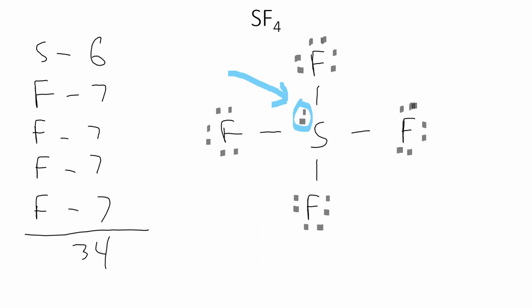And fluorine definitely can't have an expanded octet because it's not in the 3rd period and it's not the central atom. Or maybe you say, well, maybe that lone pair could belong on one of the fluorines. Well, if you tried throwing another lone pair on one of the fluorines, you'd find too many electrons on the fluorine. Again, fluorine can't have the expanded octet. It's in the 2nd period.